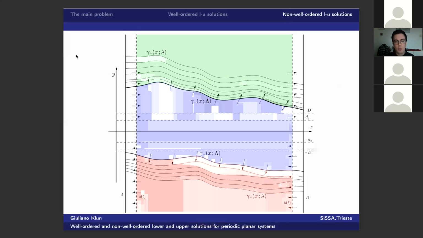Now we have three regions: the pink reddish region below, the central region in blue, and the upper region in green, delimited by a pair of curves, gamma plus and gamma minus, for sufficiently big parameter lambda, and for x between a of t and b of t.